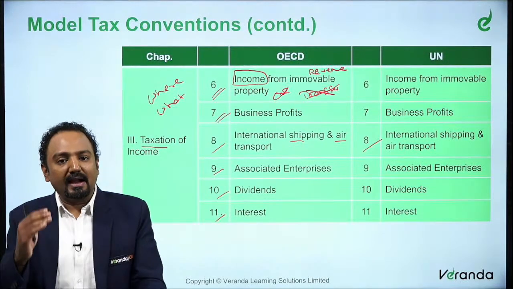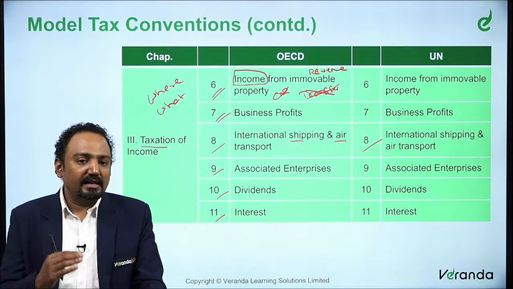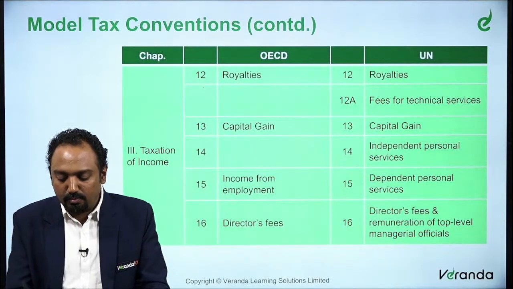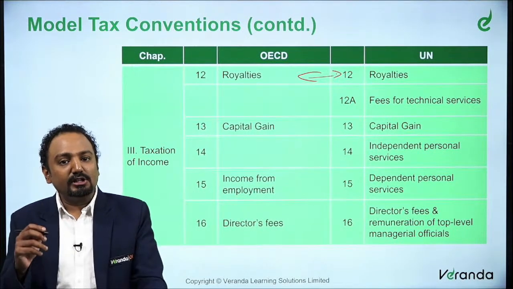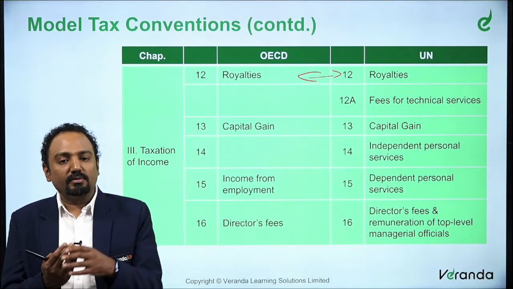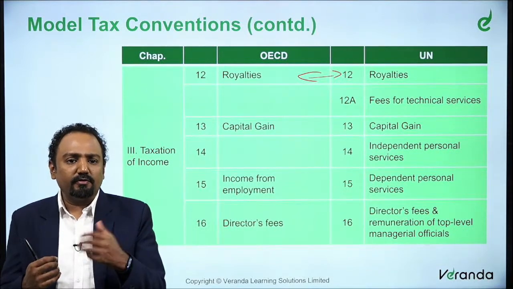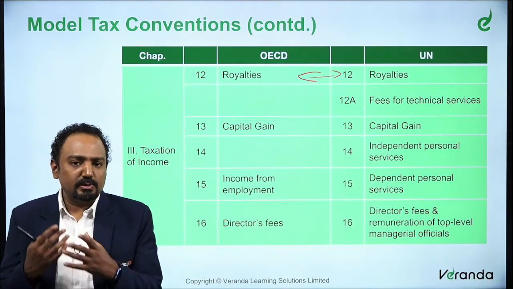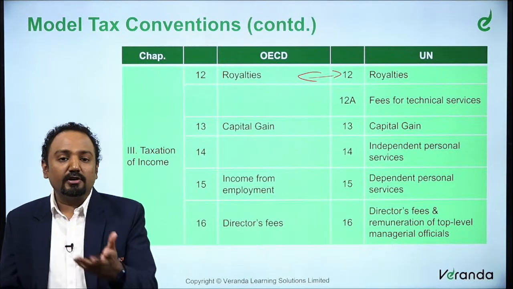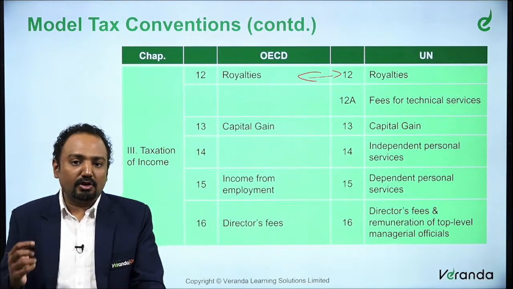As you see, Article 10 is about dividend, Article 11 is about interest, and 12 is for royalties. So in both OECD and UN, Article 12 is about royalties. What do you mean by royalties? It is about some payment for the use of some rights for intangibles or something. There is some payment, which could be because it is transferred or it is the use of some right for which royalties are paid.